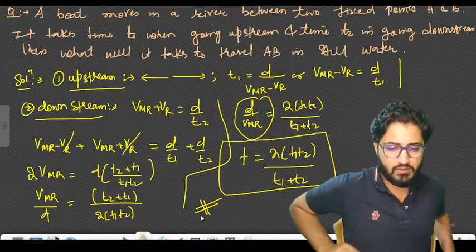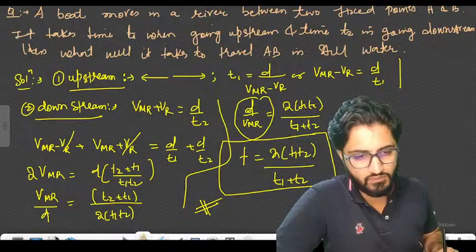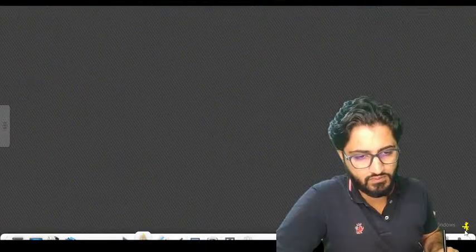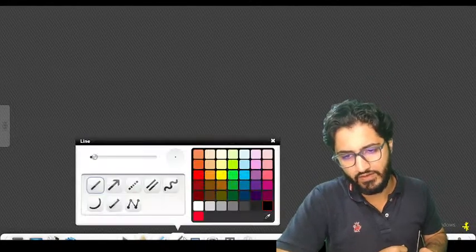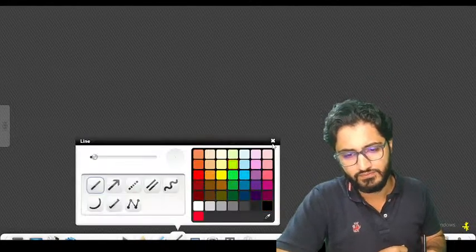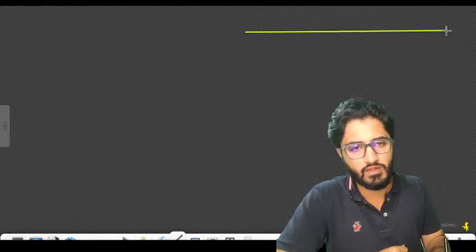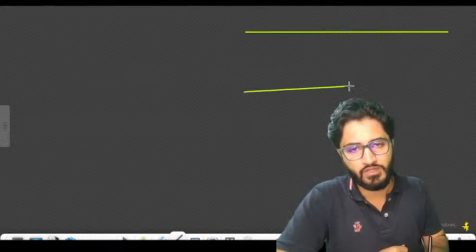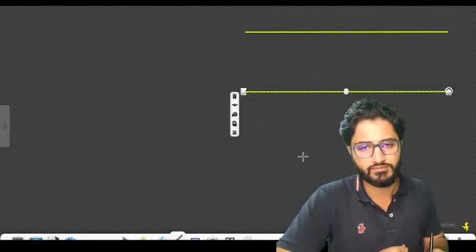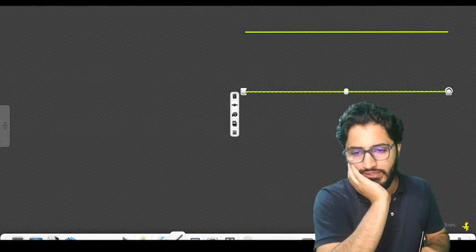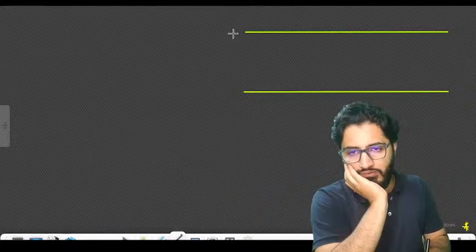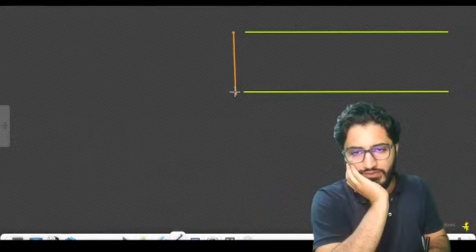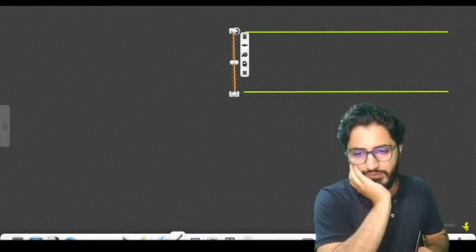Look now. We are having a river now. This is my river, and the width of the river is something like this.